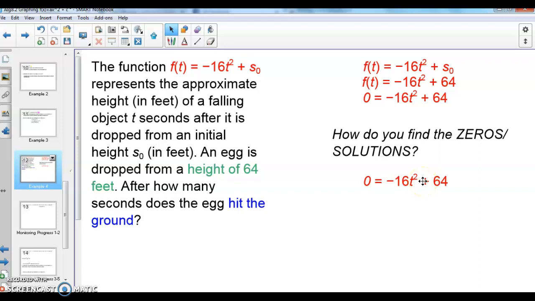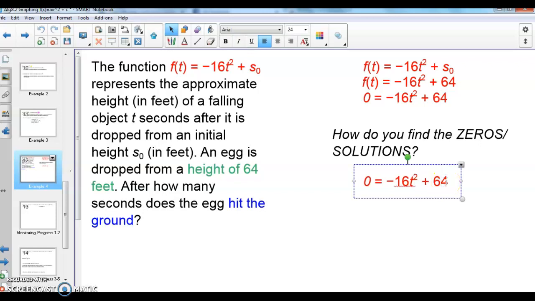If we recall the factoring techniques that we learned in the previous chapter, we know that this is a binomial that has a GCF, and its GCF is negative 16. So if we divide both terms by negative 16, then we would get, let me just copy the t squared, there you go, and then plus 64 divided by negative 16.